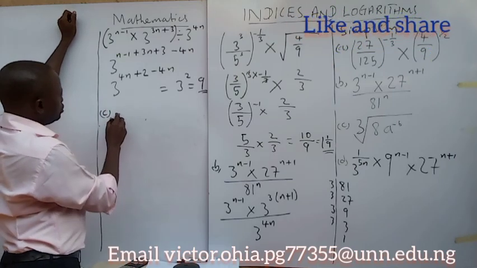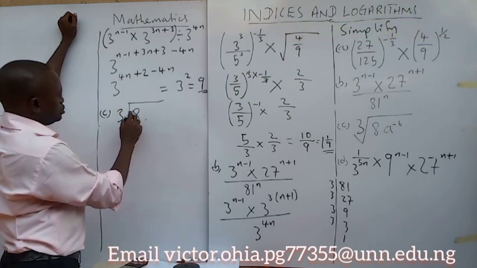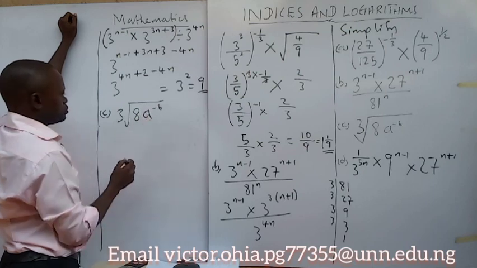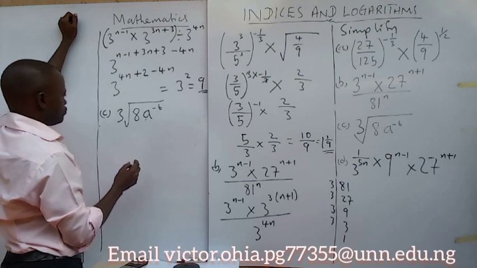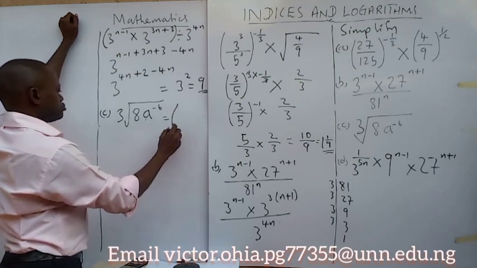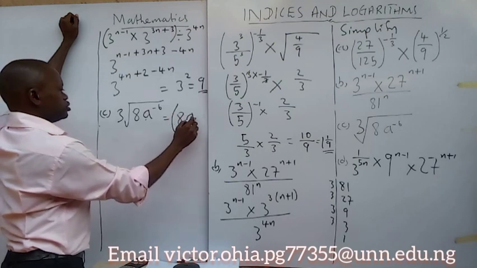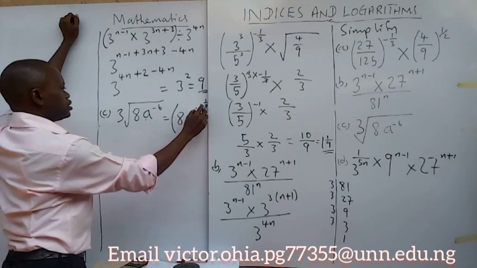In example C, we have the cube root of 8, a raised to the power minus 6. How am I going to present this now? I will rewrite it as 8 multiplying a raised to the power minus 6, all raised to the power 1 over 3.